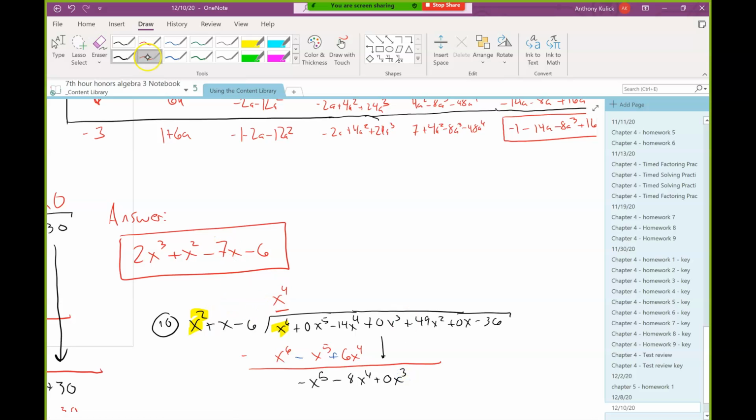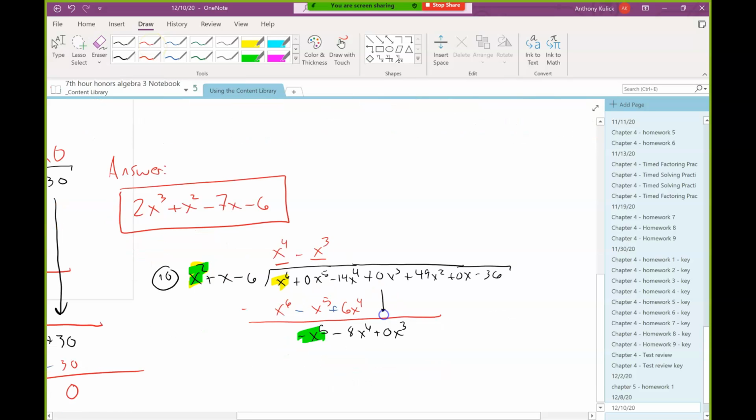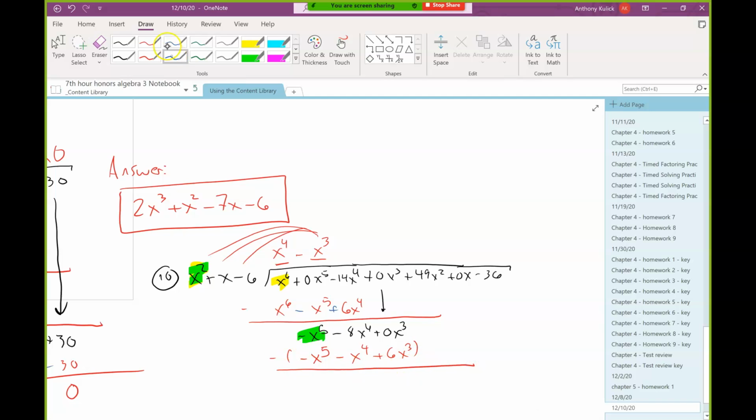And we go back to the top. So we're looking for how many times is x squared going into negative x to the 5th. Well, that's negative x to the 3rd. And again, we'll distribute that to the whole thing, and then subtract down.